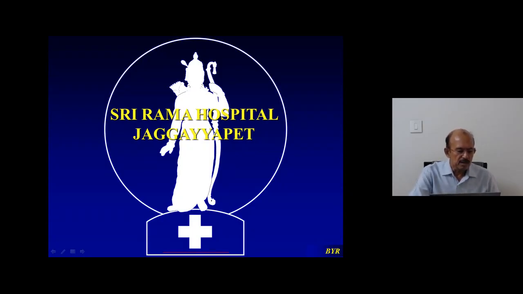Yes, I will answer first the question whether these masses in the liver affect the function of the liver. Are there any symptoms? Usually these benign masses do not produce any symptoms. Symptoms are produced occasionally.